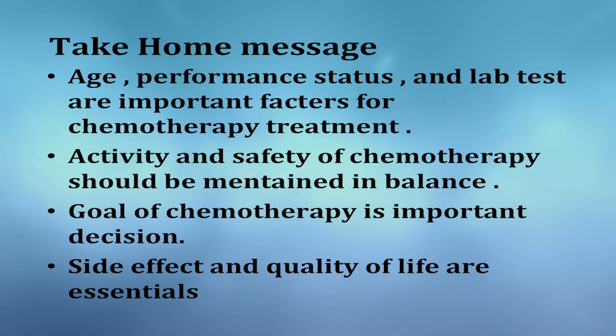We have to decide the goal of chemotherapy at the beginning of treatment and explain that to the patient and family before we start, whether our aim is cure, adjuvant, or palliation. So there will be some mutual agreement between the patient and his physician before the start of treatment.